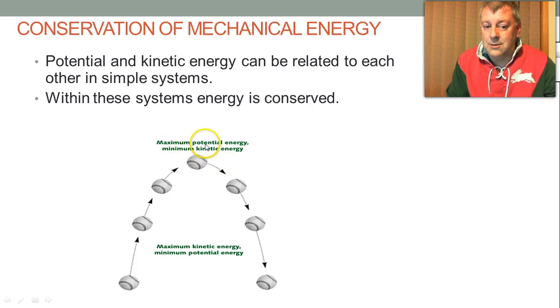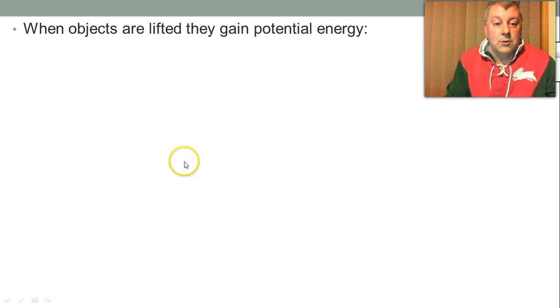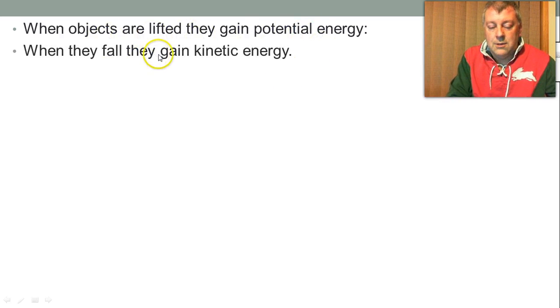Well, it's now gone into potential energy, and the potential energy is at a maximum up here, and then as it falls it gains in velocity, so its kinetic energy increases again and its potential energy decreases as it's losing height. So when objects are lifted they gain potential energy, when they fall they gain kinetic energy.